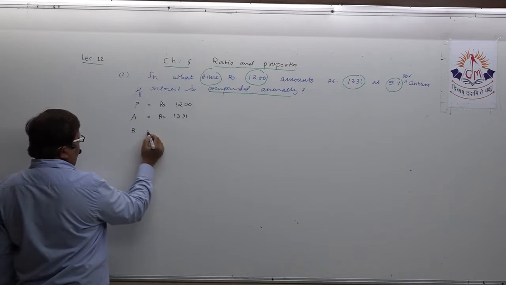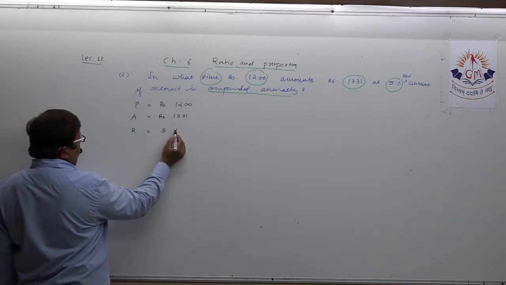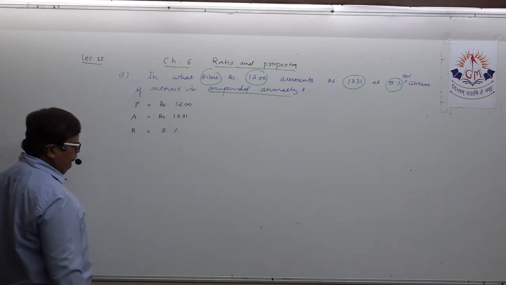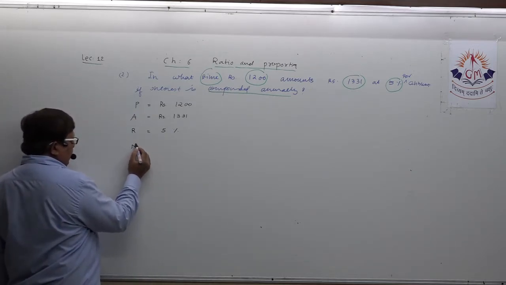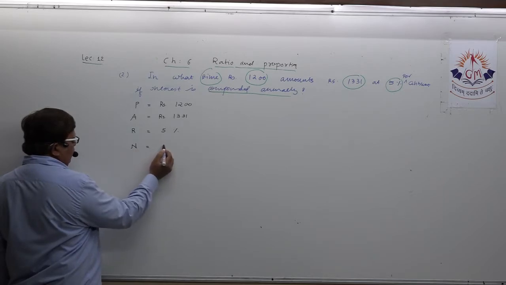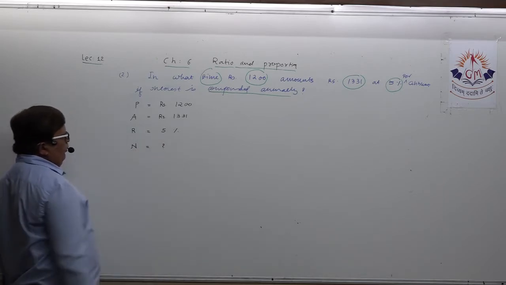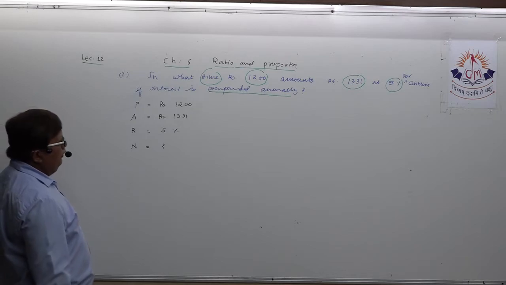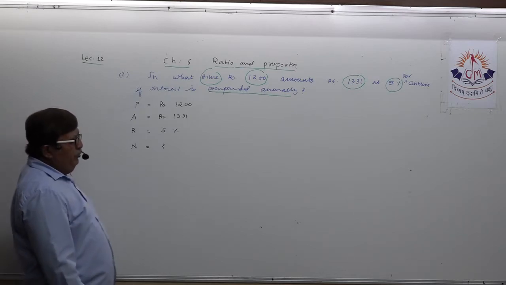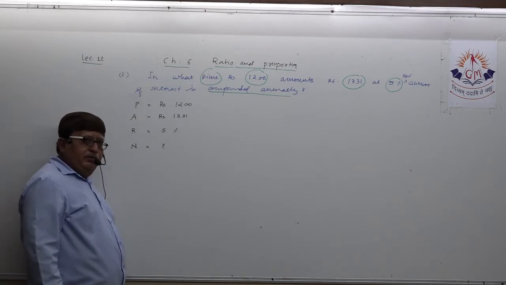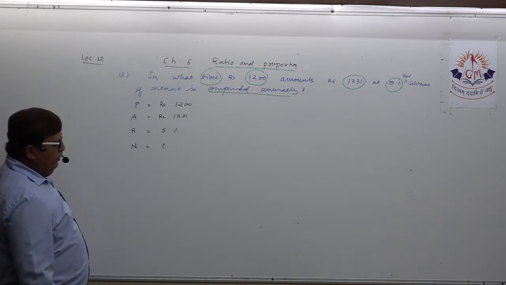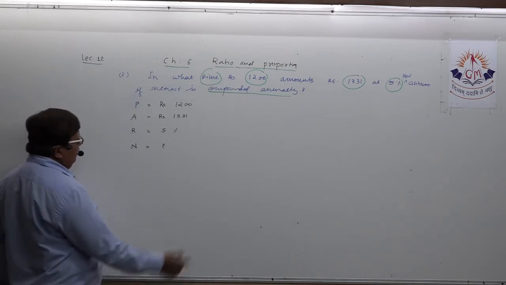Rate of interest has been given, 5%, and n, that is the number of years, you are looking for. n is your target, like in the previous example. Here also you are targeting n.